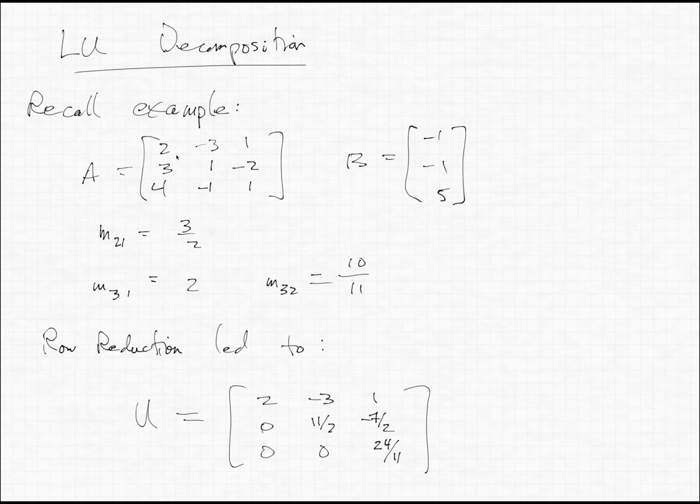After transforming the matrix by fixing the first column, the ratio of the third entry to the second entry was 10 elevenths, M32.